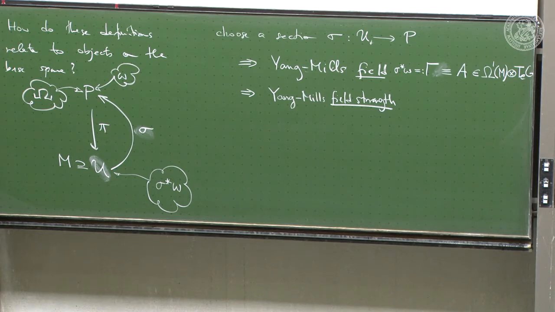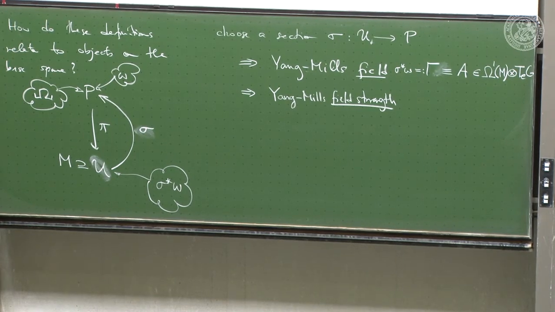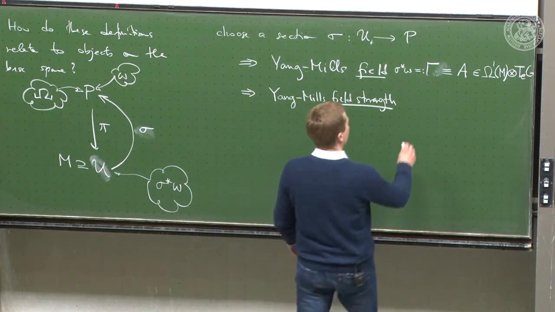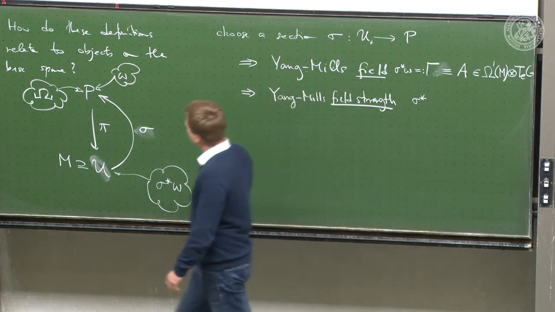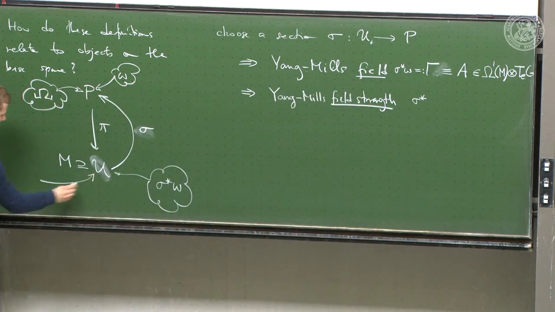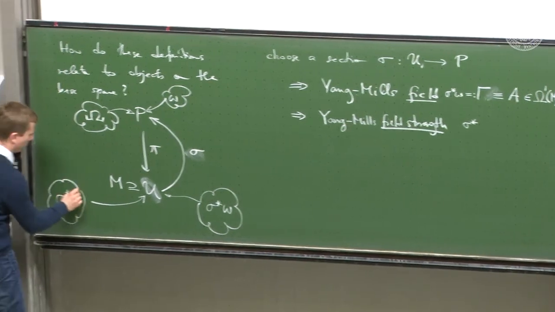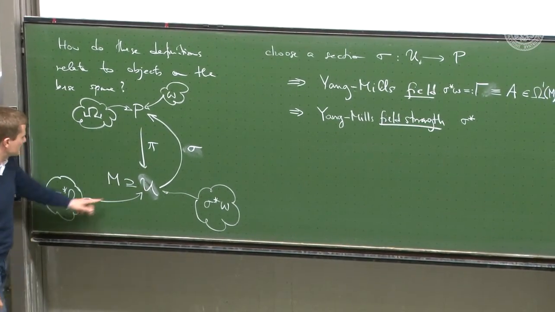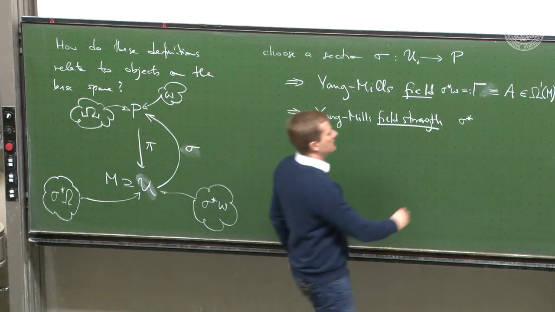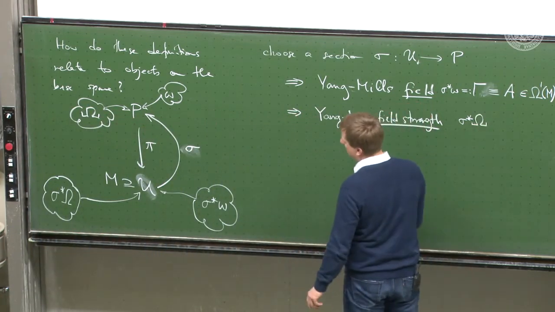And if anything is the electromagnetic field, then it's what's called the gauge potential in physics, the A. The A is the field, and the capital A in electrodynamics is the field, and F is the field strength. So these are not synonymous, right? And the Yang-Mills field strength is defined as the pullback of, you guessed it, the curvature. So under the same section, we may, of course, also pull back this Lie algebra valued 2 form, so that it lives down there. And that's then this guy.